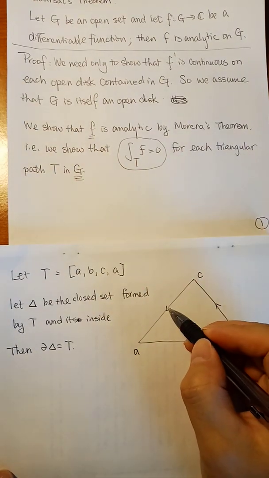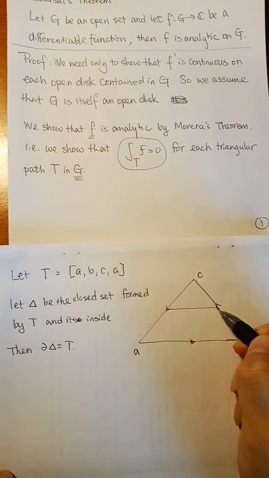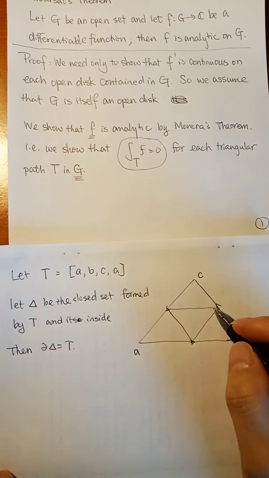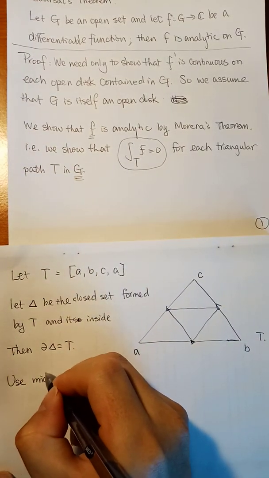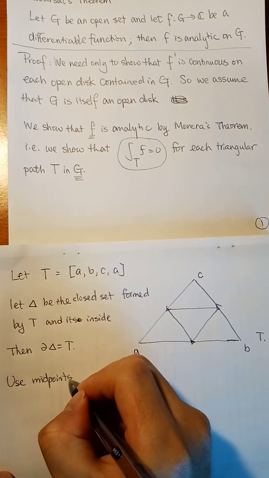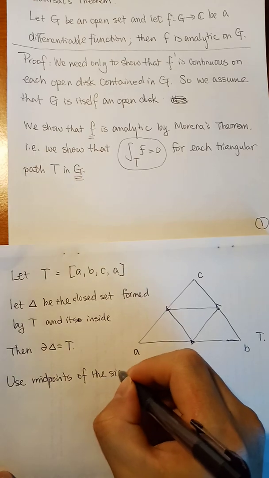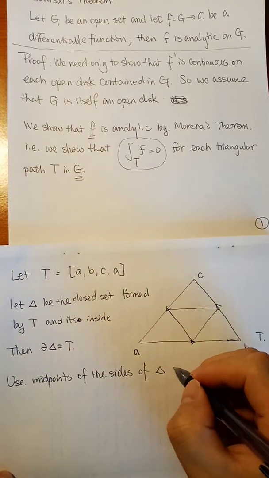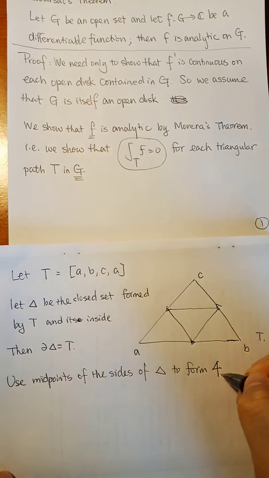And then we use the midpoint of each side to divide this triangle into 4 triangles. So use midpoints of the sides of delta to form 4 triangles.